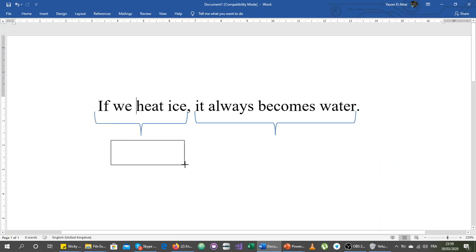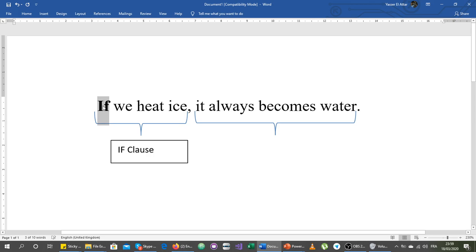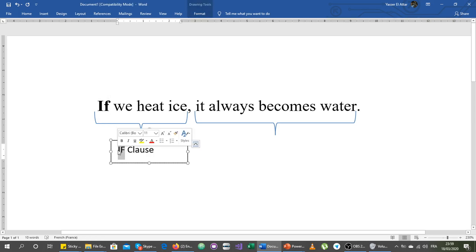Alright, so both of them we call clauses, but this one we call it if clause. Okay, why we call it if clause? Because it starts with if. Look at this, it starts with if. Okay, if clause. Okay, remember this.